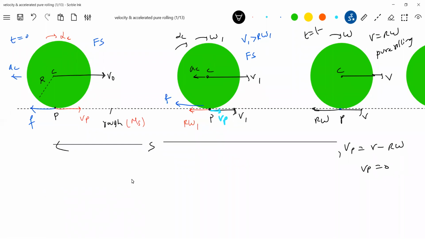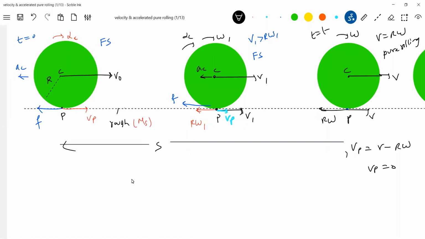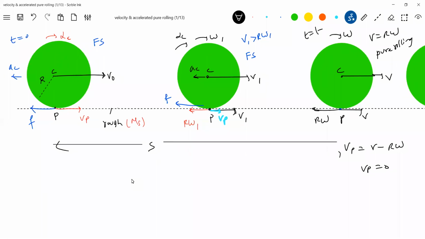What is acceleration? a_C is equal to minus F by m. Friction will retard the motion of the center of mass. So this should be equal to mu mg by m, which is mu g. Then what is the velocity v at time t? This v should be equal to v naught plus a_C t.